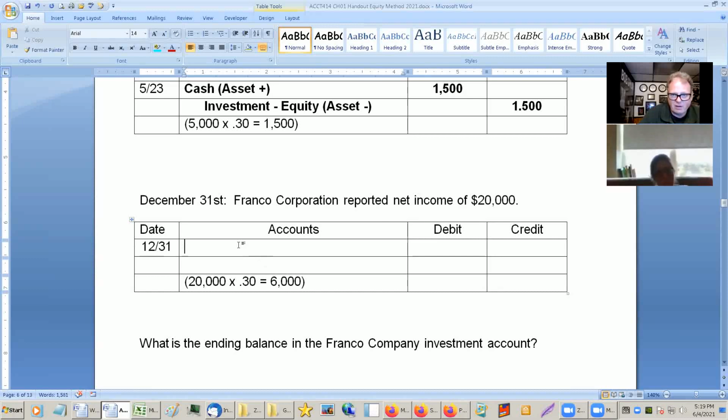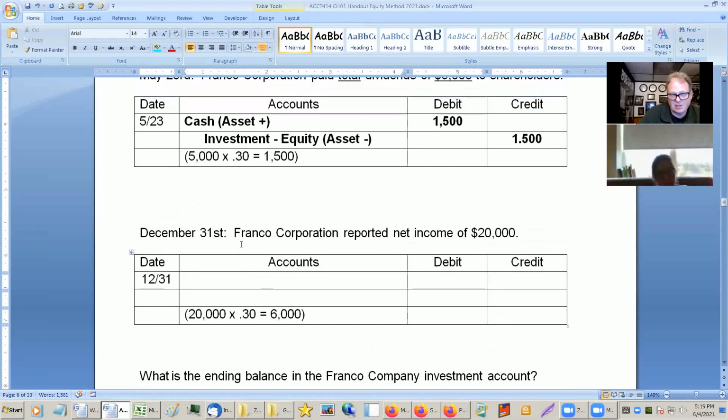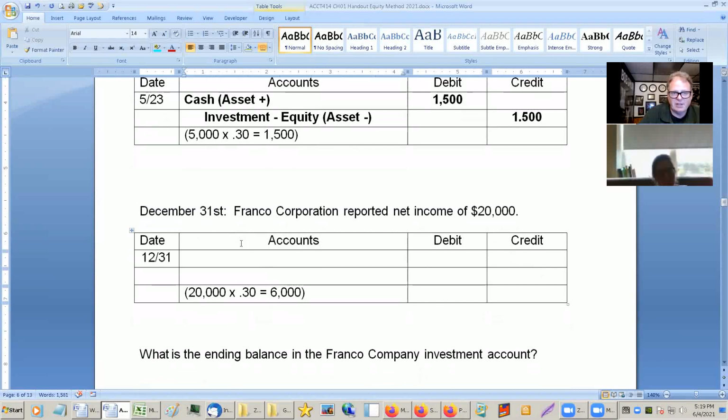So the value of our investment is going to go up. Now, our share of it is $6,000. So I think the term is equity. Let's see here.